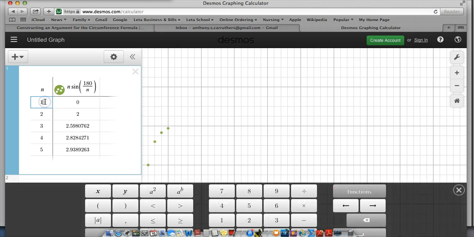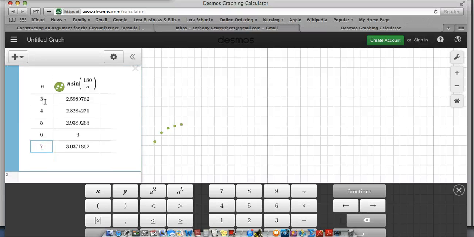We know that n can only be natural numbers greater than or equal to 3 if we're dealing with a polygon. So I'm going to put here 3, and this will be 4, 5, 6, 7. And then hopefully Desmos will catch on to what I'm doing.